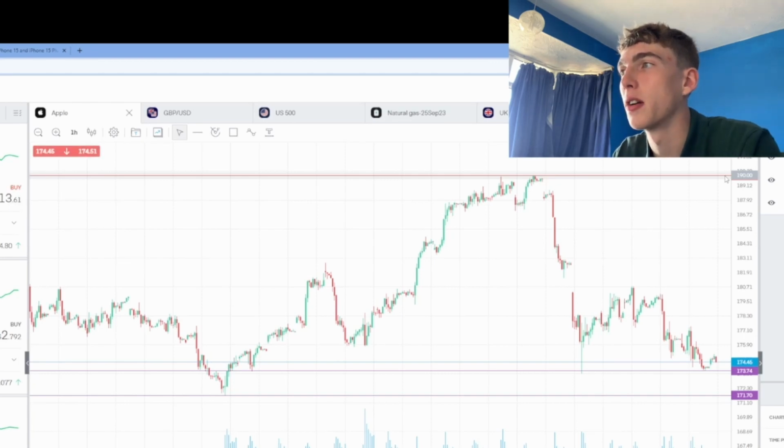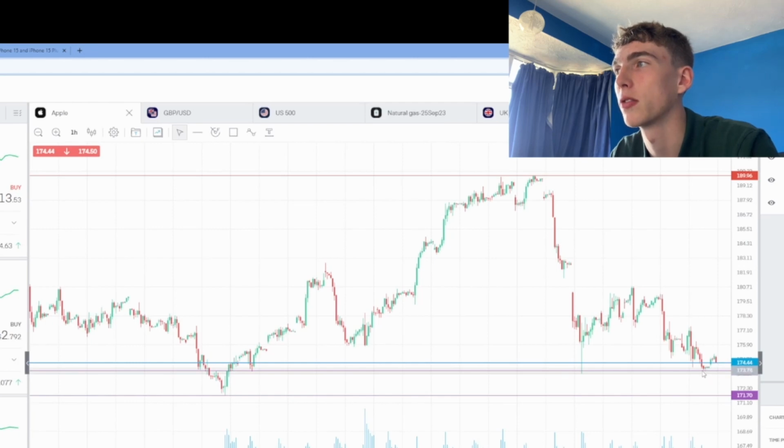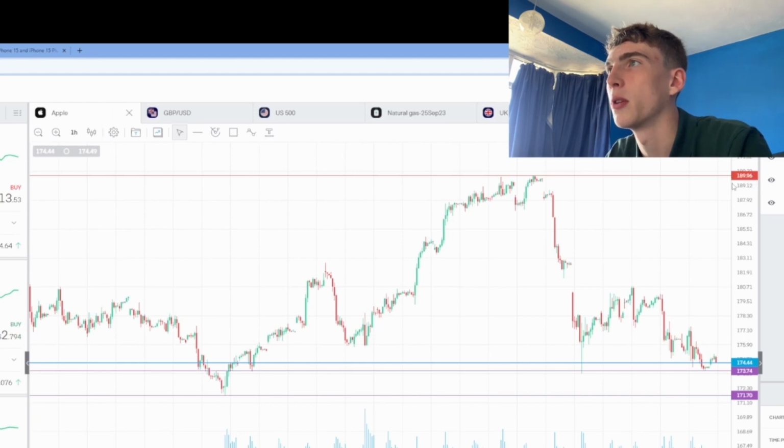But I think for the time being, given where this is at, it's clearly hitting the resistance here, and it might come back down to retest this, or it's clearly hitting the level of support here. It might come back down to test this level of support, but I don't foresee in the next day it going below about 172. So I'm going to set my stop loss at 172, and I'm going to set my take profit at, I don't want to be greedy and say too much, but I don't think it's unreasonable to expect something like this.